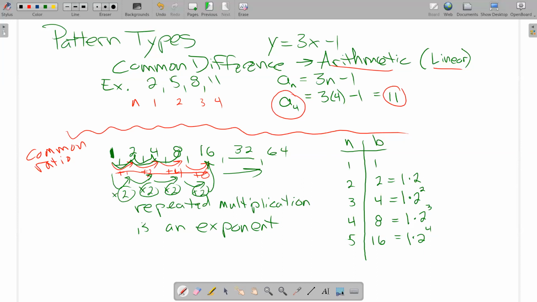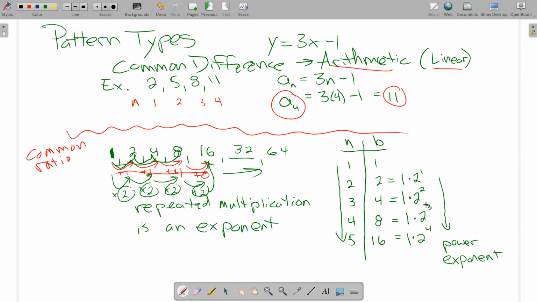So things that are changing: the position in the list is changing, and the power is changing, right? Power we use synonymously with exponent. 4, 3, 2, 2 to the first power is 2.